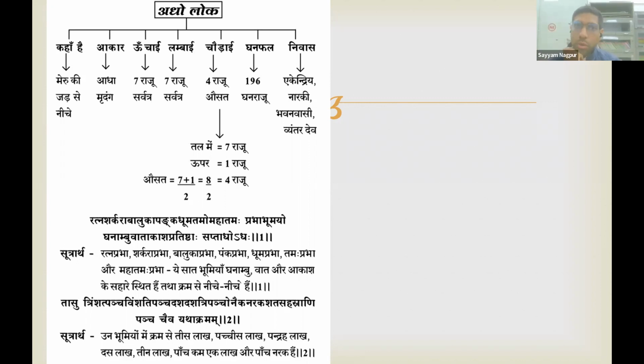Now, who lives in Adholok? Apart from Trasnadi, Ekendriya Jeev live. In the Trasnadi also, Ekendriya Jeev live. Then Narki Jeev live there, and Bhavanvasi and Vyantar Jeev live there.